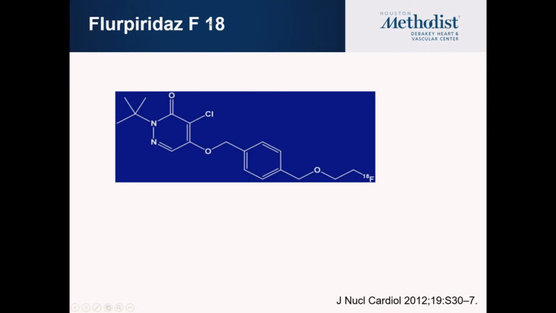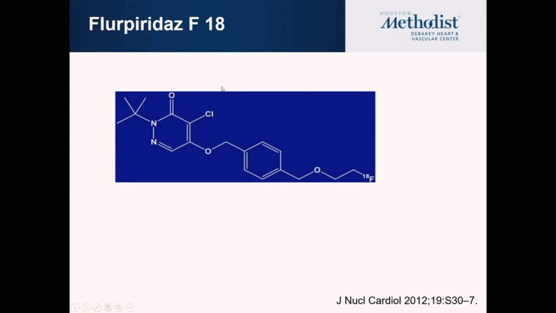There is a newer F18 agent for perfusion, which is not approved yet, but it is currently in phase 3 clinical trial, and we are participating in that trial. If you have patients, you can send them our way, we can enroll them in these trials, which are very important for perfusion imaging, hopefully.